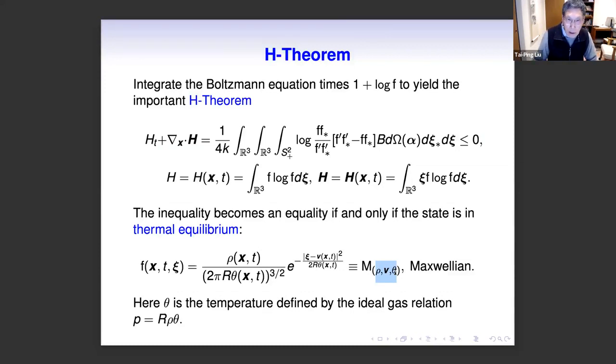And so the pressure, temperature, and density follow the ideal gas law. Okay, so this Maxwellian is a very special distribution. It depends on 5 variables: density, 3 velocity, and the temperature.